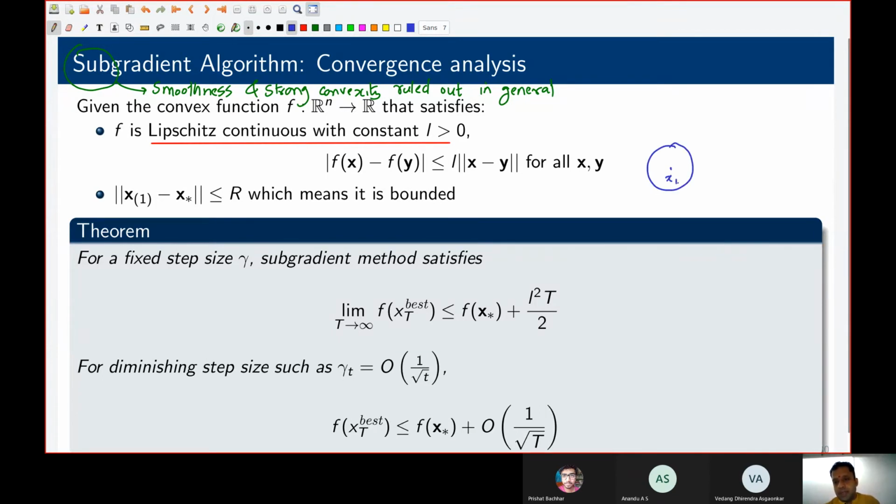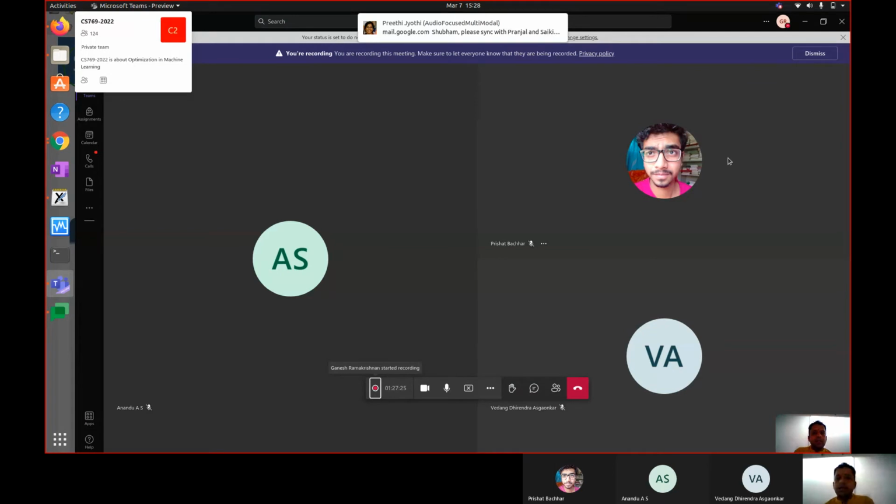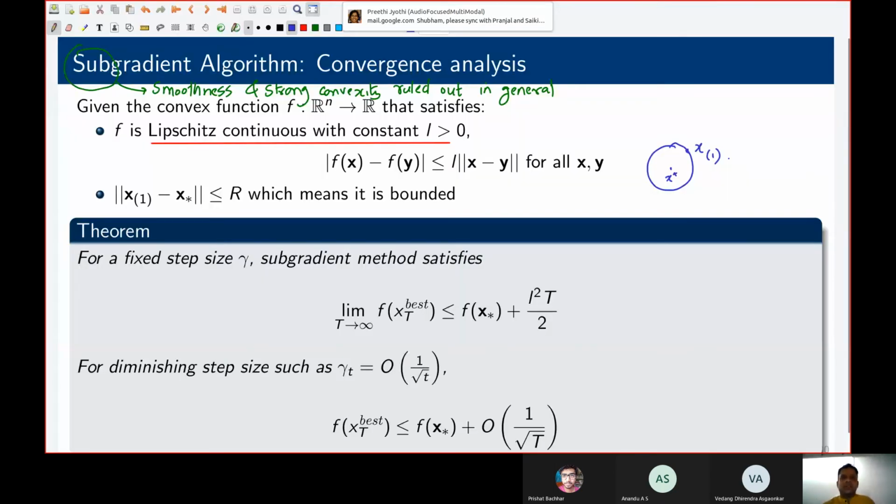So this is x star, and let's say this is the x1. We have just 2 minutes left here. So under this, if you have a fixed step size, option 1, f of x best, as t goes to infinity, is less than or equal to f of x star plus L square t by 2.